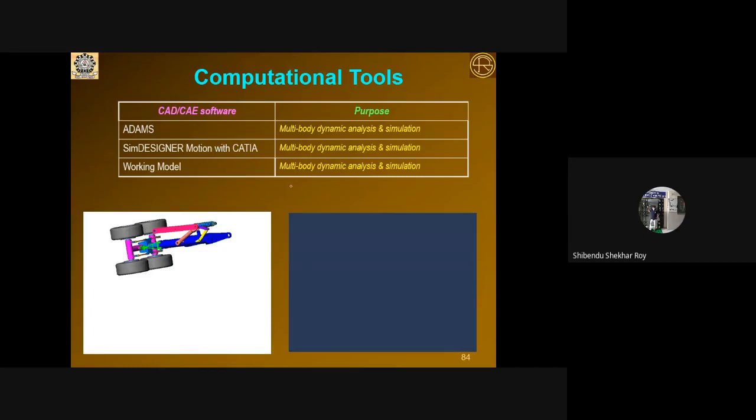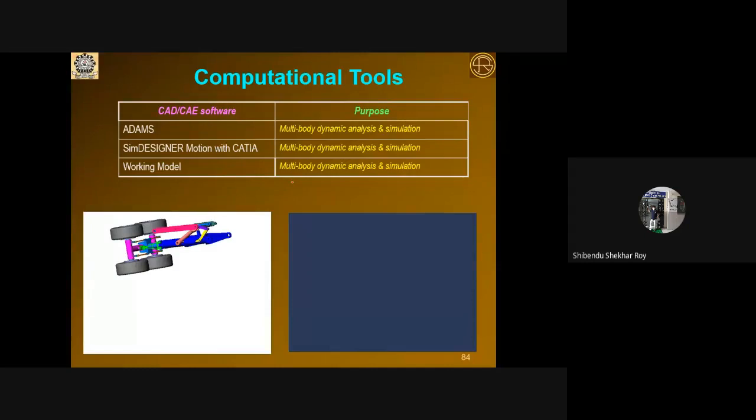So the automation tool used in mechanism analysis or mechanism synthesis, or you can say multi-body system analysis and simulation, the benchmark tool used by most automobile and aircraft companies like Airbus, Boeing, is Adams. The software name is Adams.